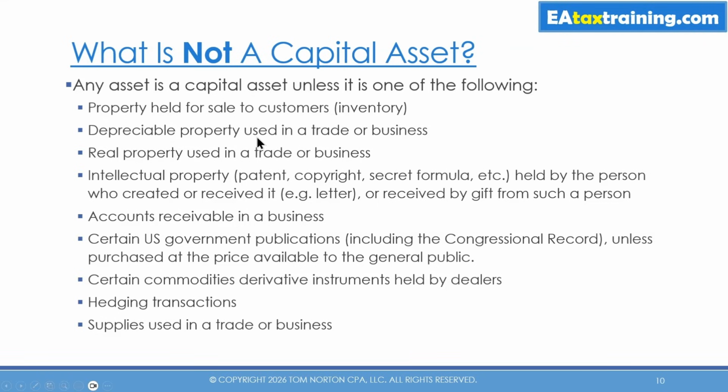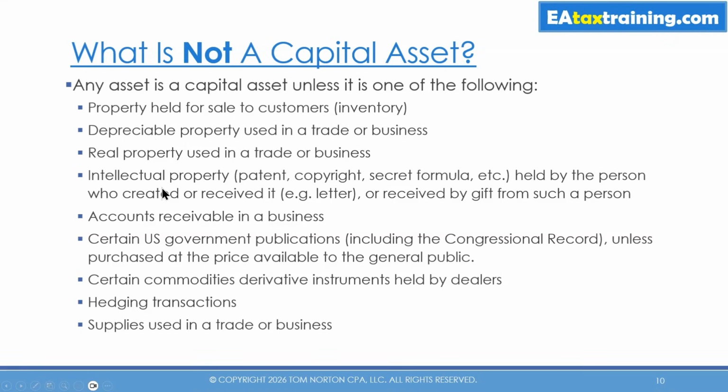Depreciable property used in a trade or business, not a capital asset. Real property used in a trade or business, not a capital asset. Why is that separated out? Well, remember, land is a type of real property and it is not depreciable. Therefore, it is listed separately here on the list.